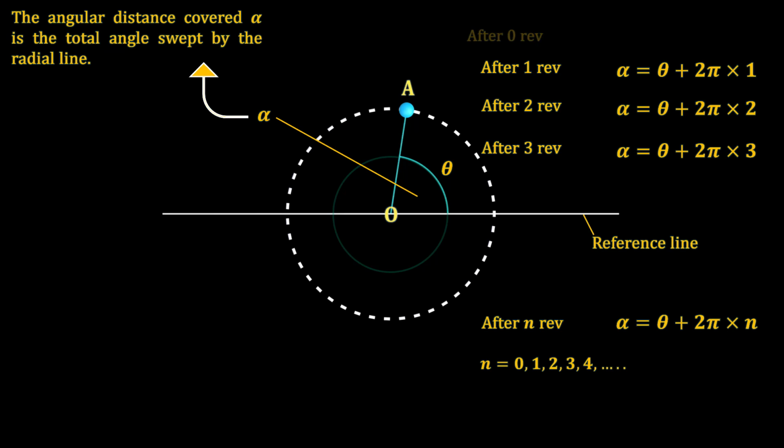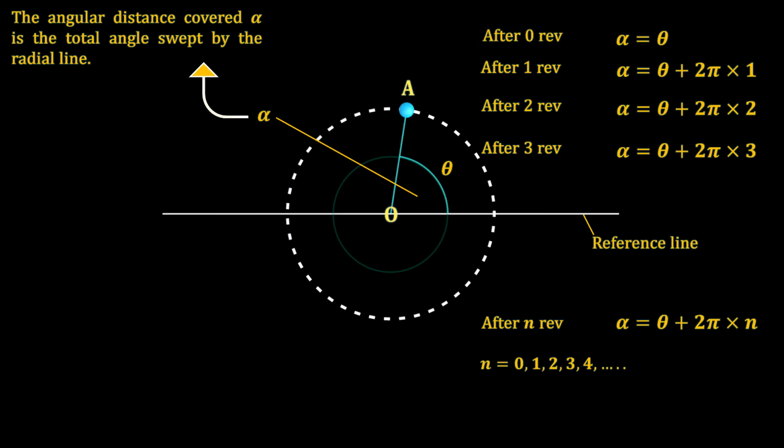When n equals 0, we have alpha equals theta, meaning the angular distance covered is equal to the angular displacement from the reference line. This happens because the object has not yet done one full revolution.